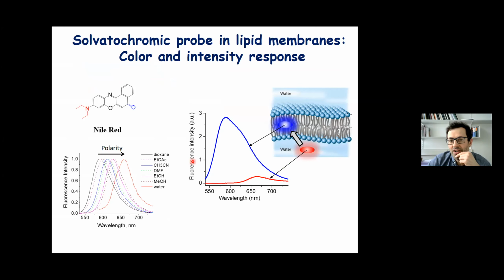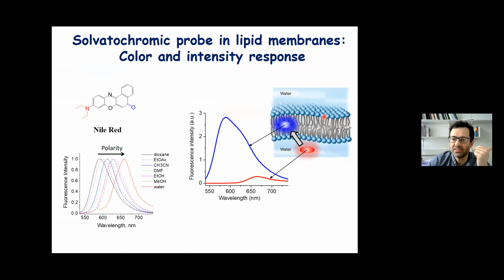So therefore, what happens when this kind of environment-sensitive, polarity-sensitive molecule binds to the membrane? So here it is in water. When it is in water, it is usually not highly emissive, but it is redshifted.